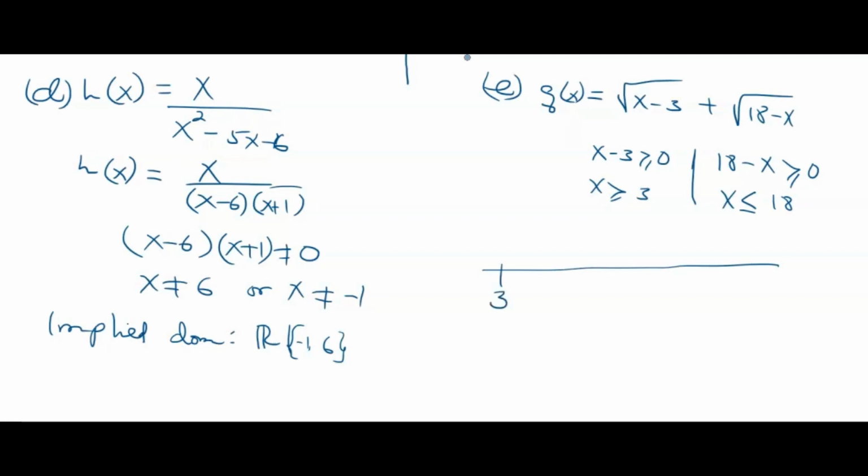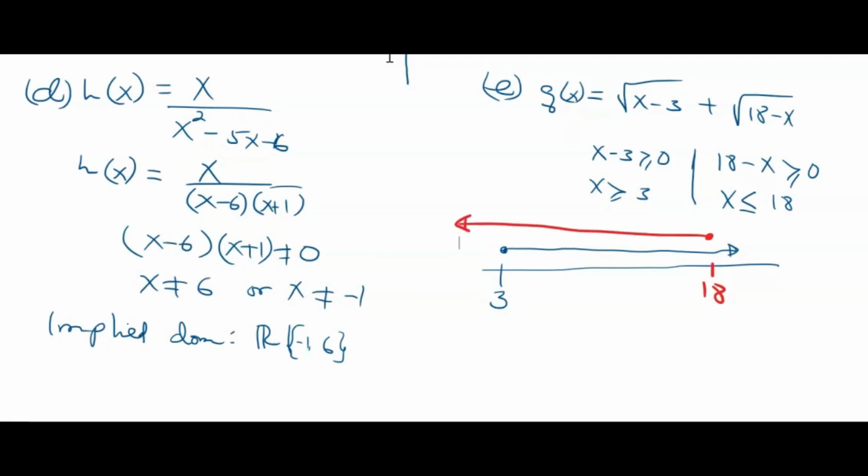Let's say this is 3 onwards, 3 is included, whereby this is 18. If I use a different color, let's say the 18 somewhere there, and that's going to be that section here.